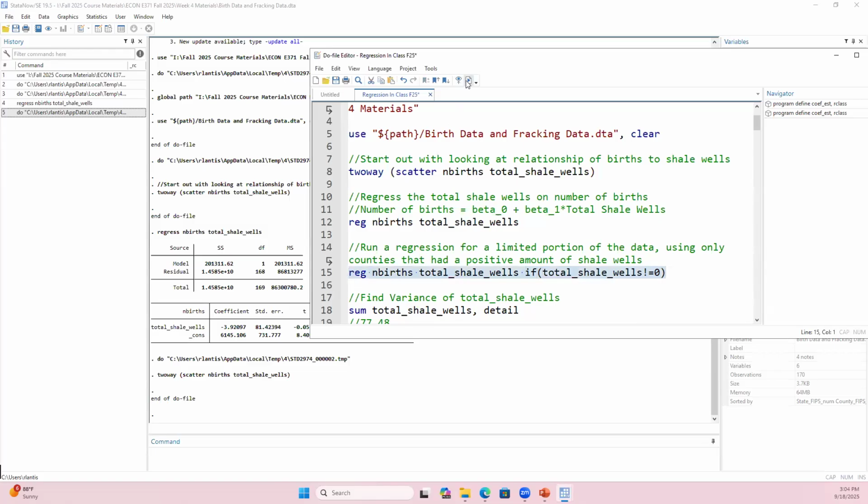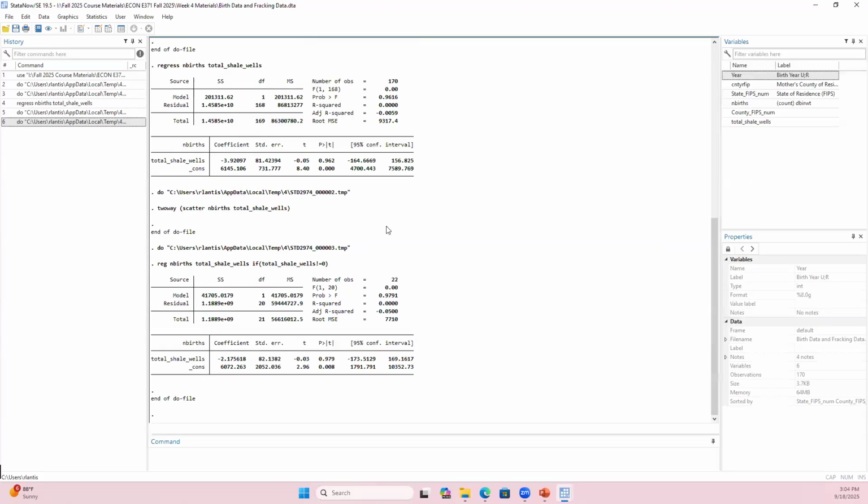So I could run that same regression. Notice now instead of 170 observations, only 22 of these actually had at least one well. So I might have very different results. Sure enough, if I'm only looking at the counties that have these, having one more well looks like it's not quite as detrimental as I thought before.